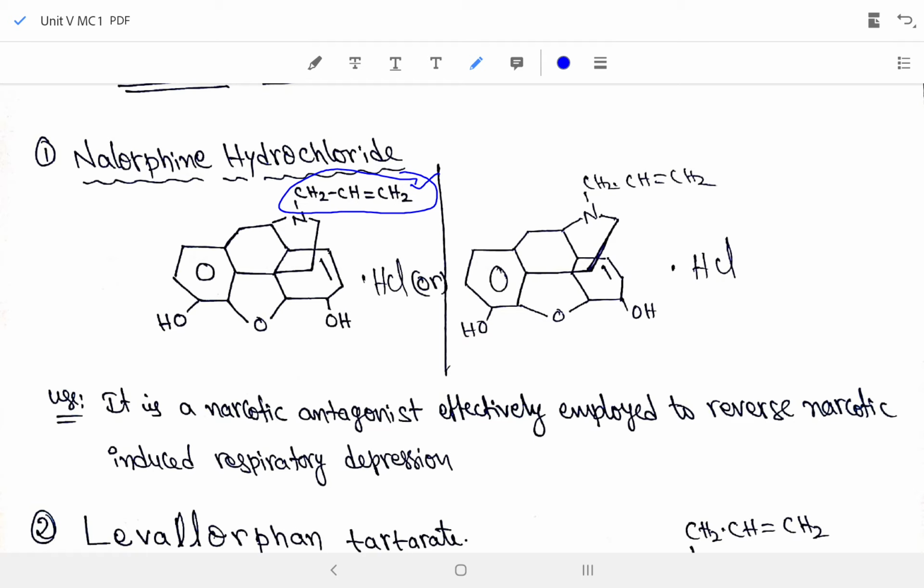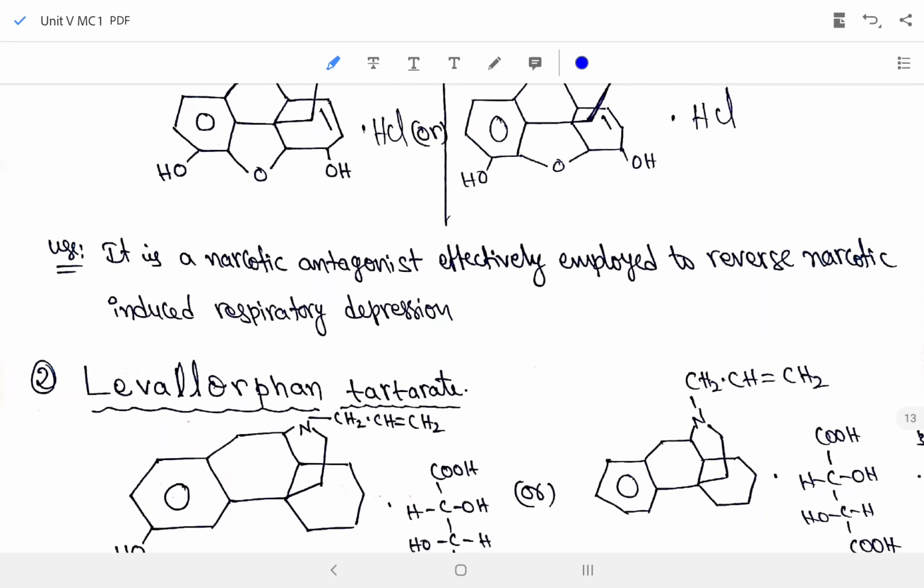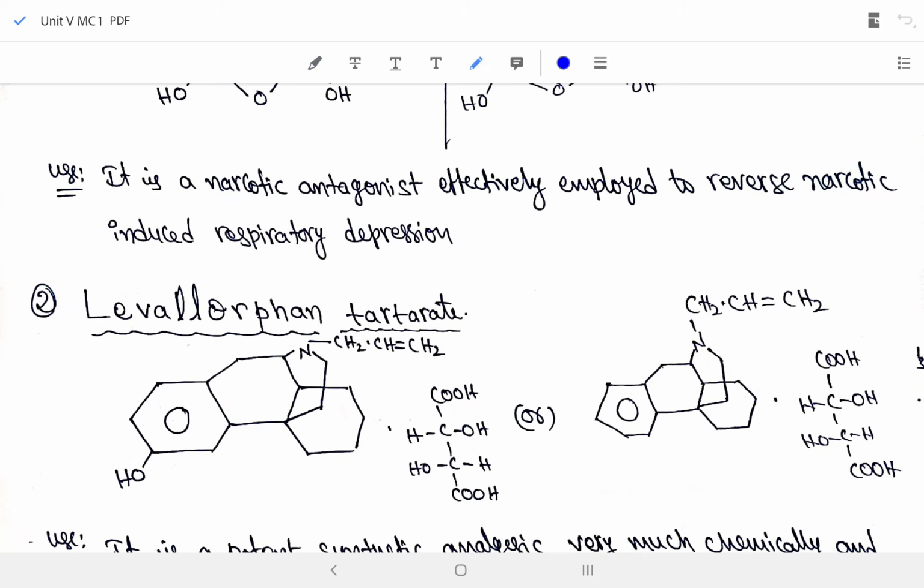Here it is an allyl group. It is mainly used to reverse narcotic, that means morphine overdose, respiratory depression.